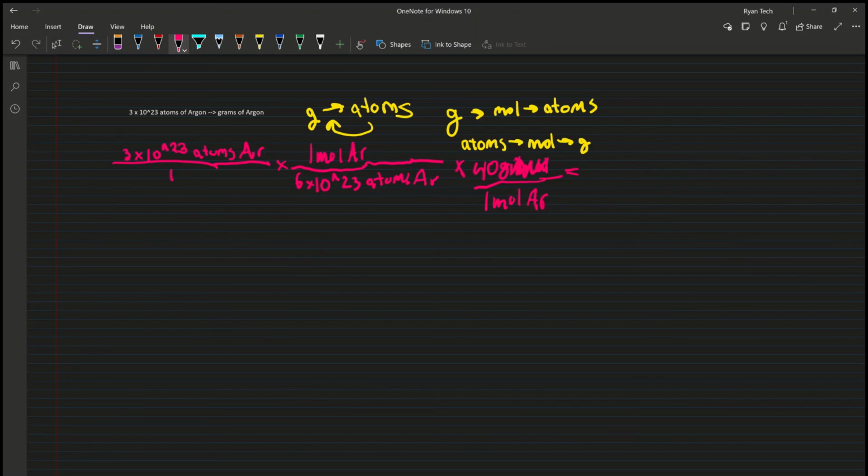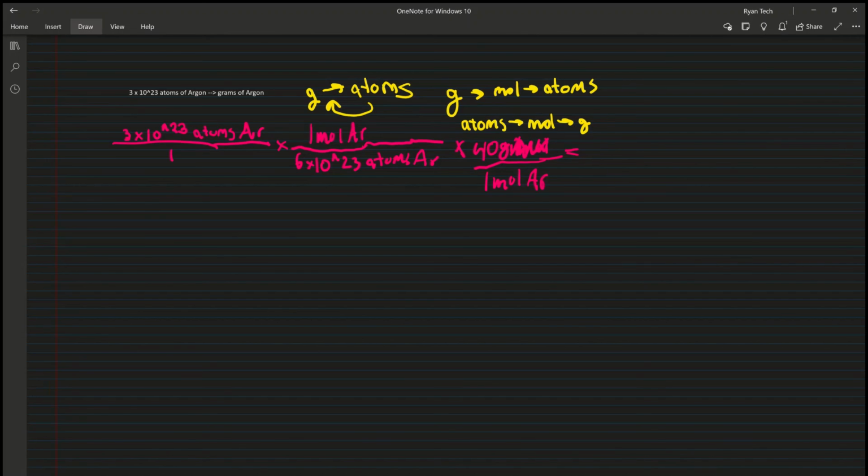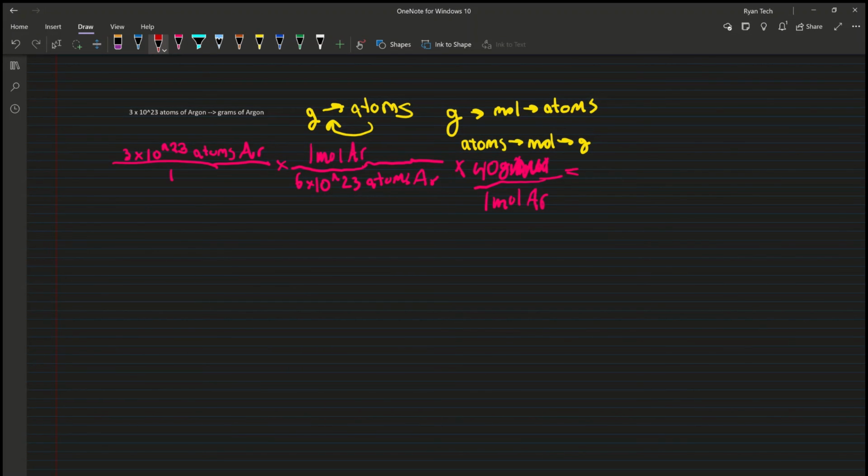So if we calculate this, before we do that, actually, I don't know why I always forget, we have to double check that we cancel out our units. In this case, we could cancel out 10 to the 23 from 10 to the 23, and we could also cancel out atoms of argon. We could cancel out moles of argon, and we're going to be left with grams of argon.